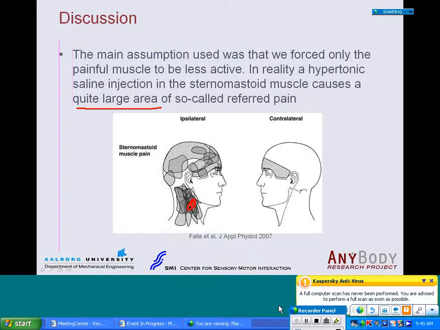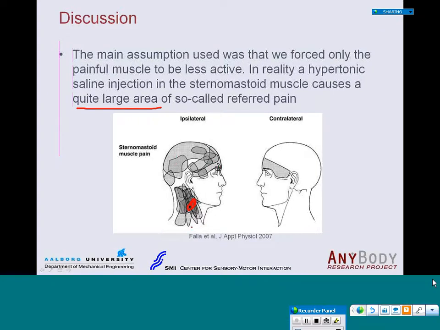So here we have the injection site, but there are actually some pain areas far away from the injection site. So it might actually also be that these areas of referred pain might cause some inhibition, but we need further research to see if it's really the case.